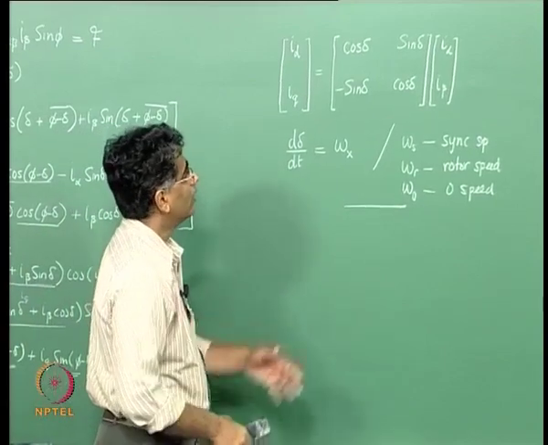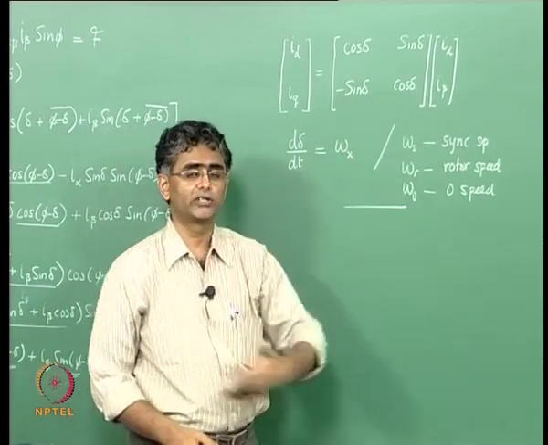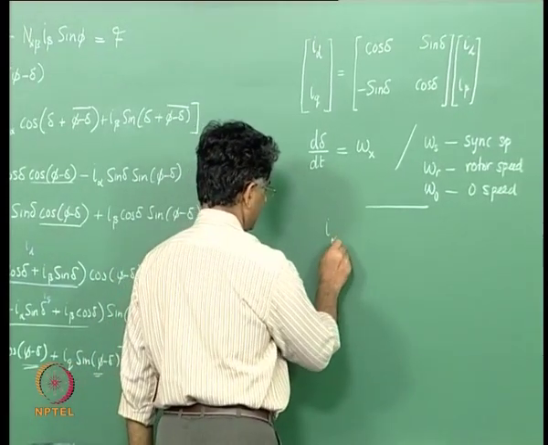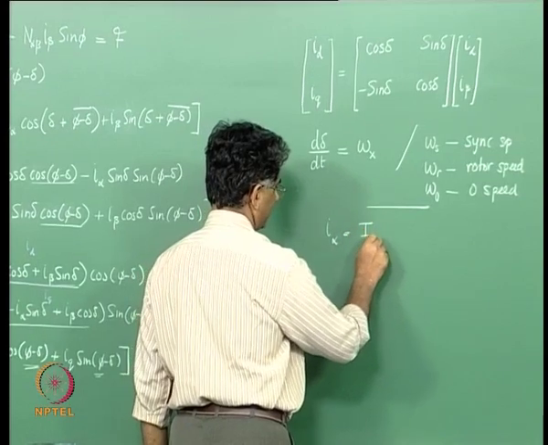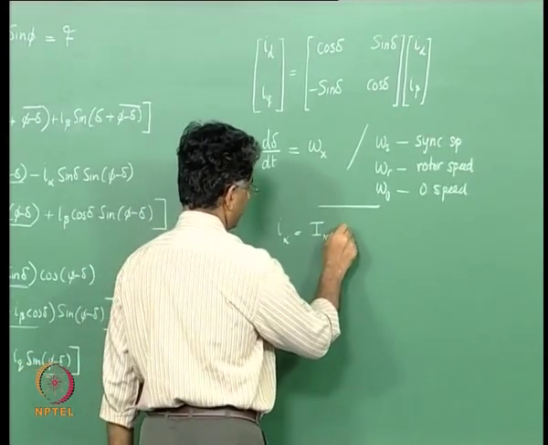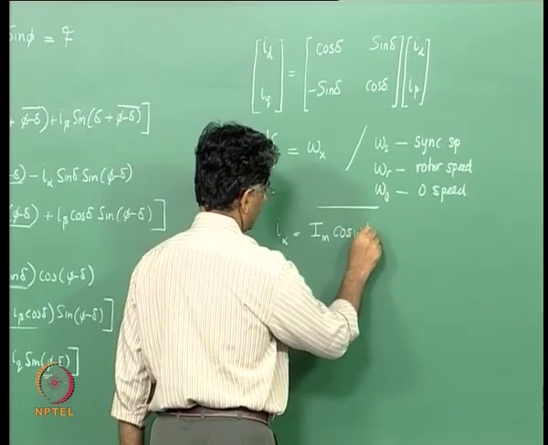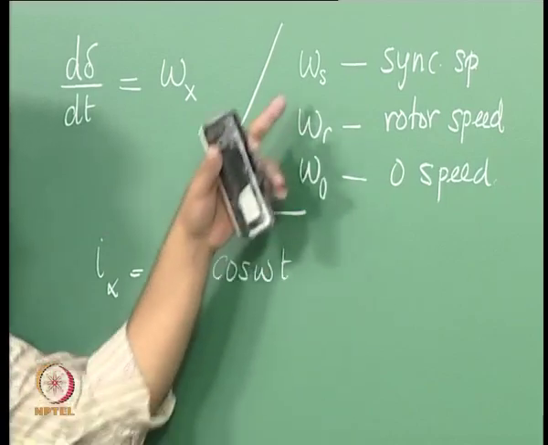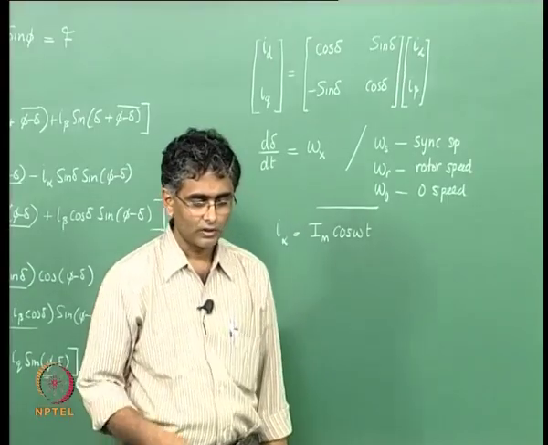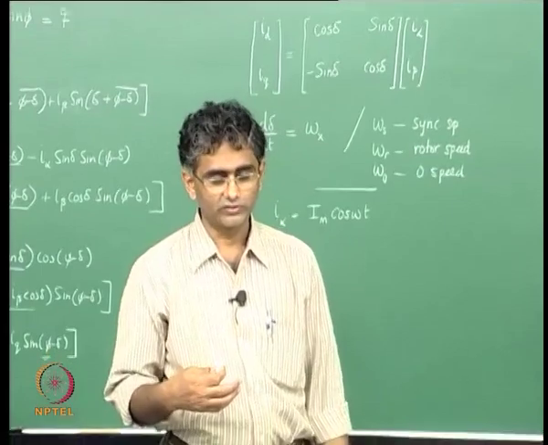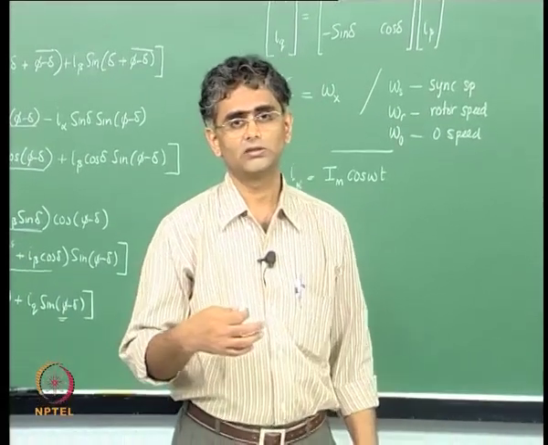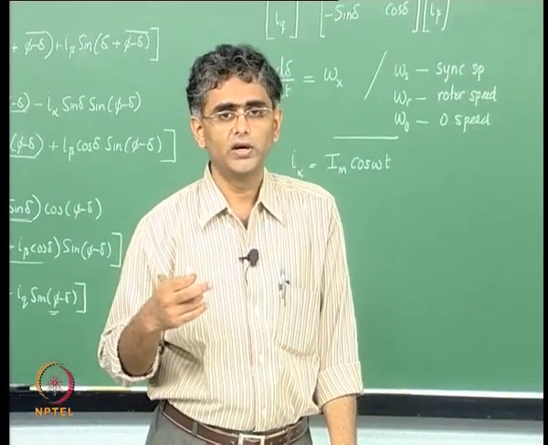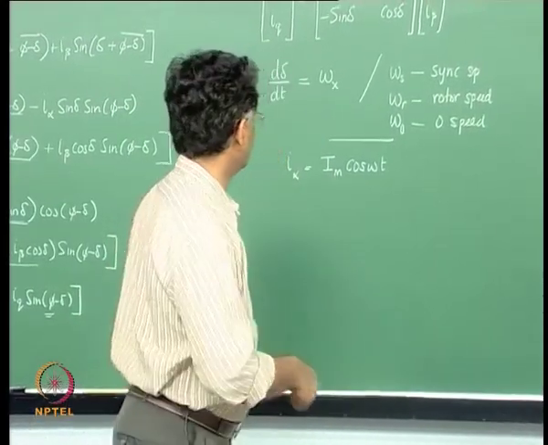So in this reference frame we know the expressions for I alpha and I beta. We know that I alpha has this form, some amplitude multiplied by cos omega t, where omega is the synchronous speed, because the frequency of stator excitation is going to determine the speed at which the MMF revolves around the air gap, which is nothing but the synchronous speed.